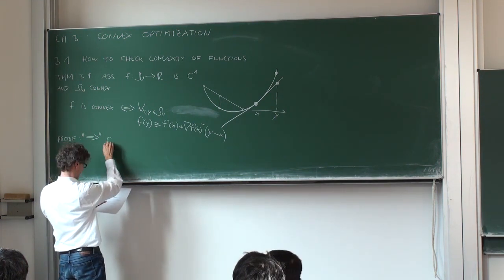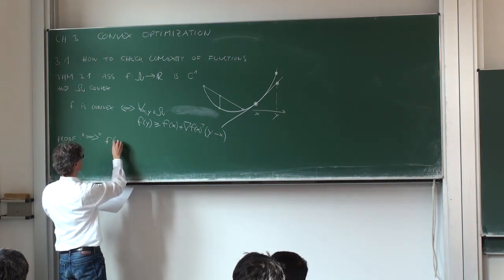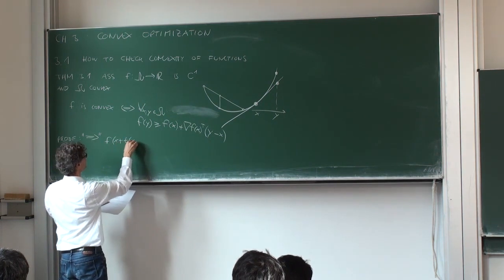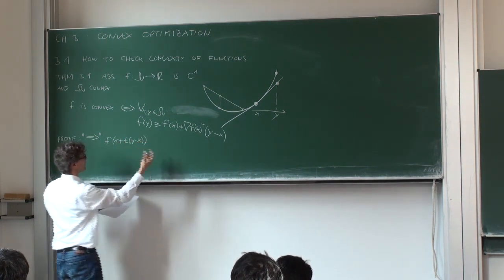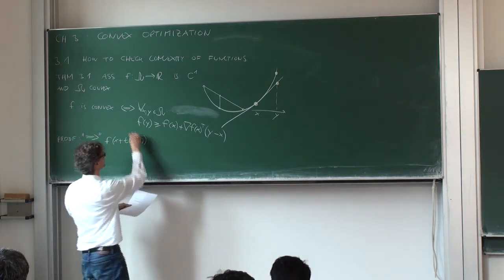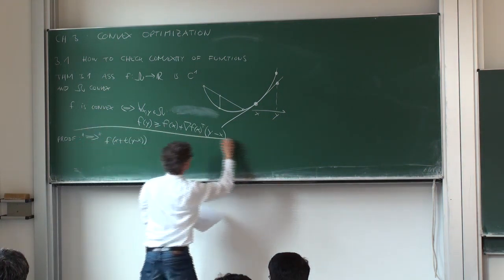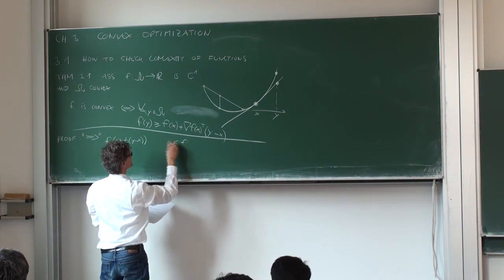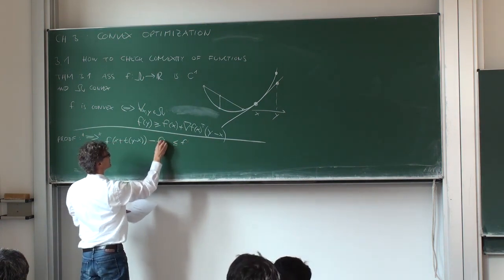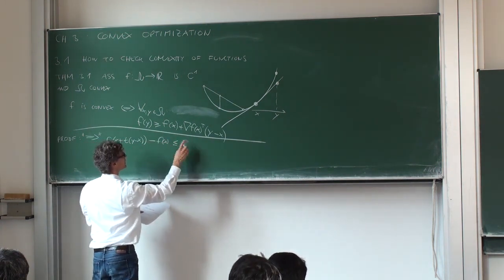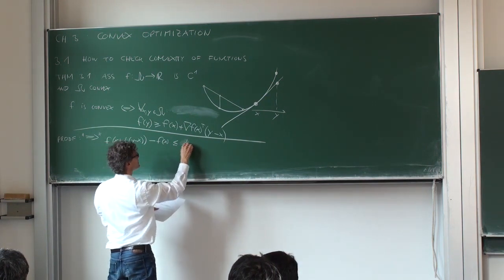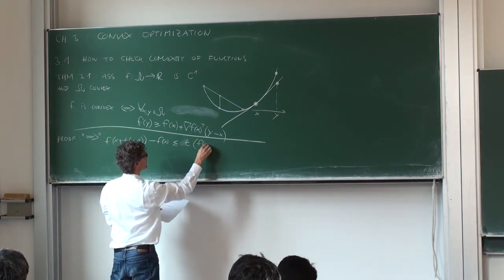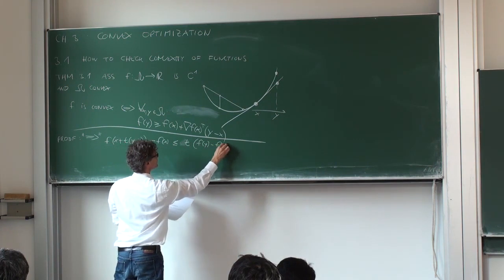I will just write it down. And it says that this f of x plus t (y minus x), which on the one hand should have been smaller than f of x at some point, but we moved that already to this side, so we have the f of x on this side, and then the only thing that remains is this distance here of f of y minus f of x.